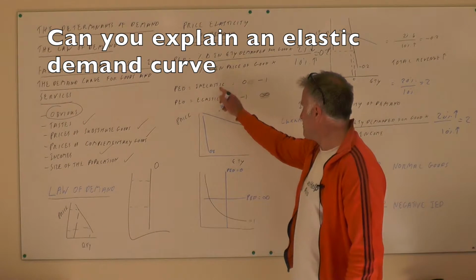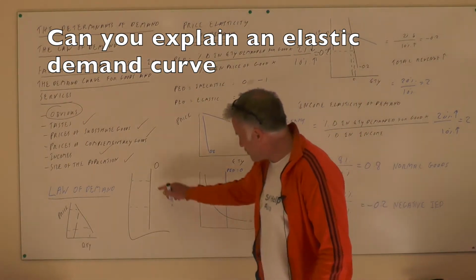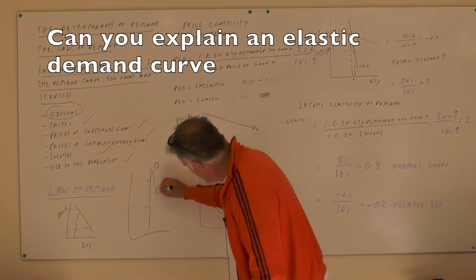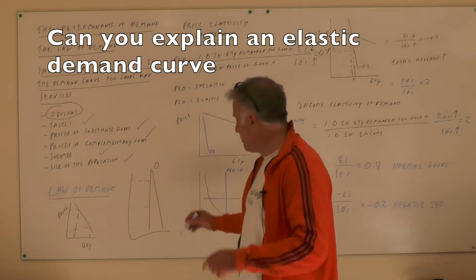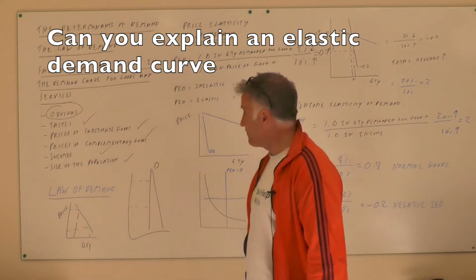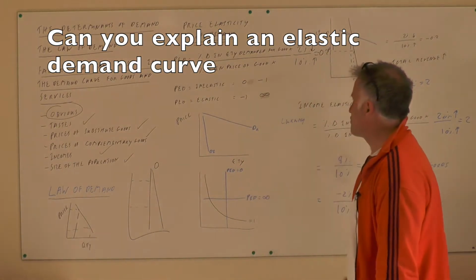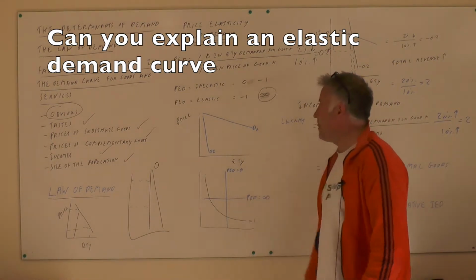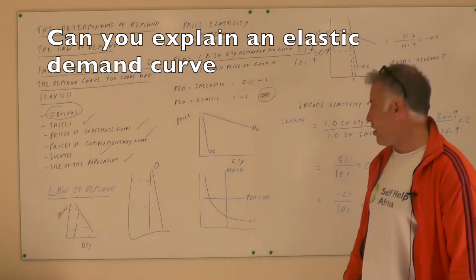So it's inelastic between 0 and -1. This is really inelastic. And if you draw it like this, it is still inelastic, but it is more elastic than the inelastic demand curve with 0. If it's between -1 and infinity, it is an elastic demand.